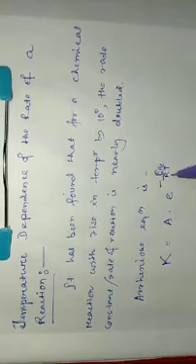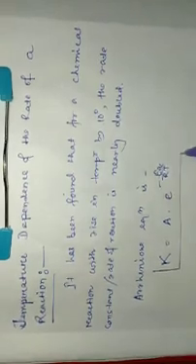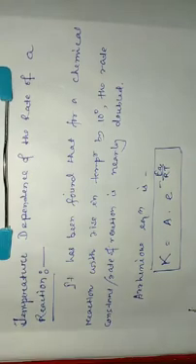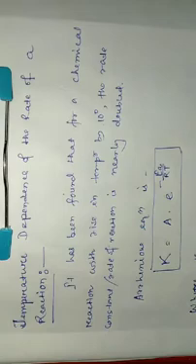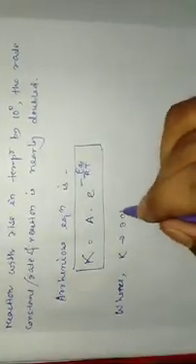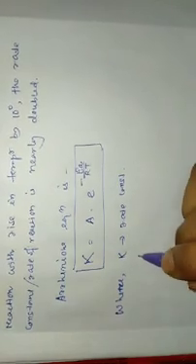This is the Arrhenius equation in exponential form. In this equation, k is the rate constant for a chemical reaction.